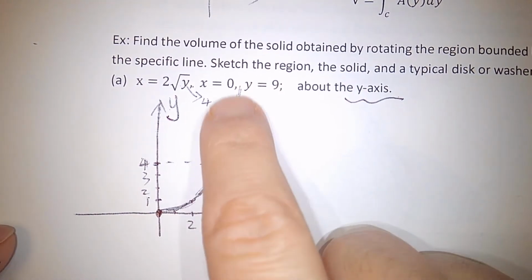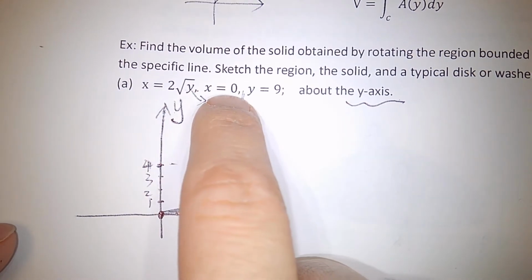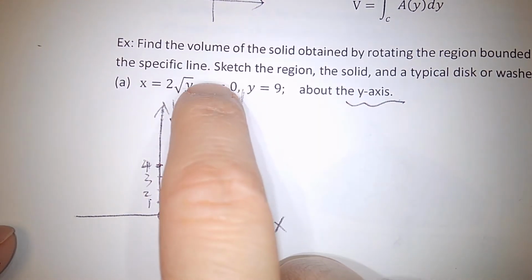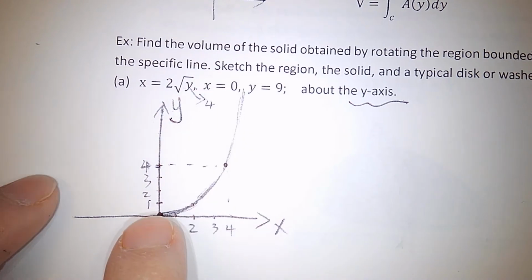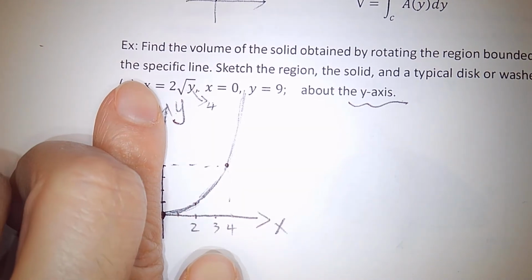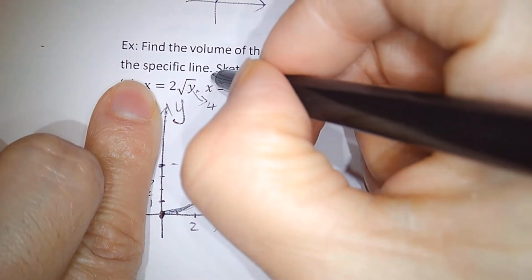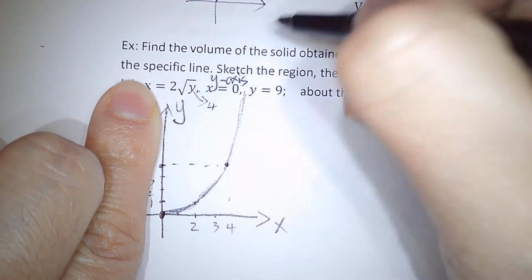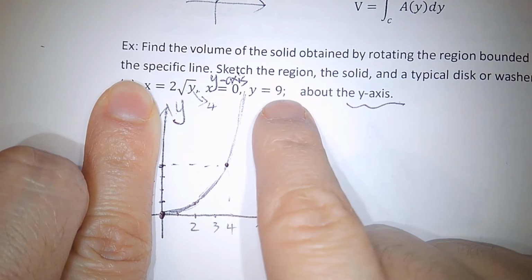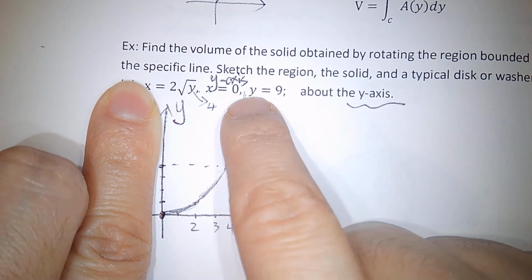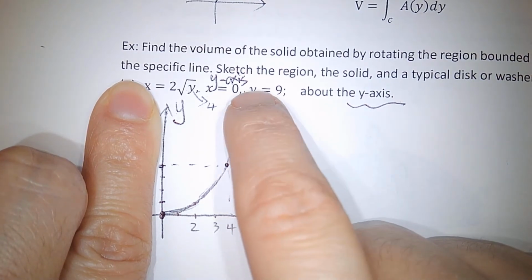It's bounded by this curve, and when x equals 0, what is that line? X equals 0 gives us the y-axis, right? And y equals 9, is that a horizontal line or a vertical line? A horizontal line passing through y equals 9.